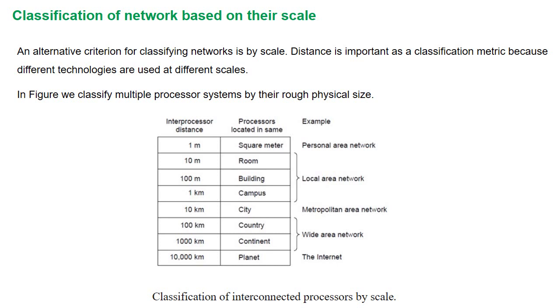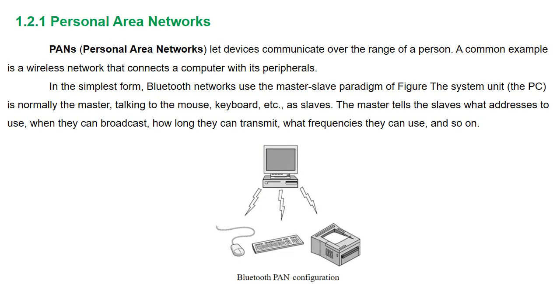Clear about it, girls? The first type is the personal area network. It allows devices to communicate over the range of a person. An example is a wireless network that connects a computer with its peripherals. In simple form, we can say a Bluetooth network is a personal area network which works under the master slave paradigm.